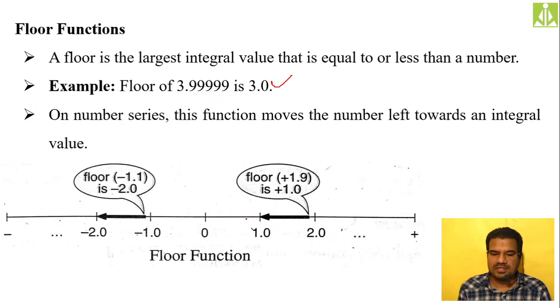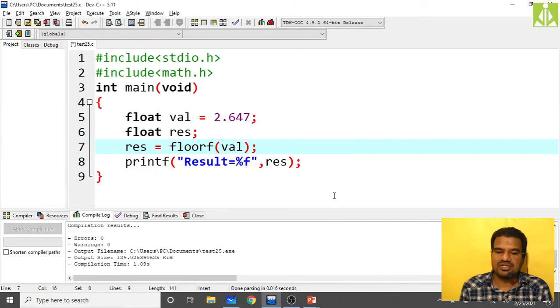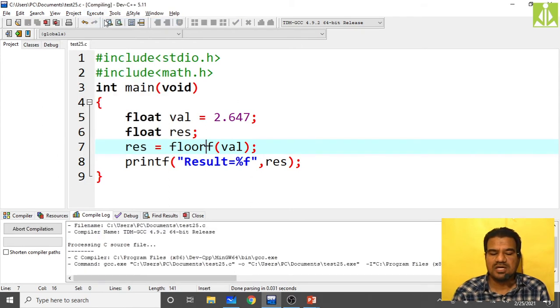If I have 3.0 here, 2.647 will come over here. Previously we got the nearest integral value in the right hand direction, but now we will get it in the left hand direction, the smallest nearest integral value, that is 2.0. Let's check whether we get 2.0 or any other value.